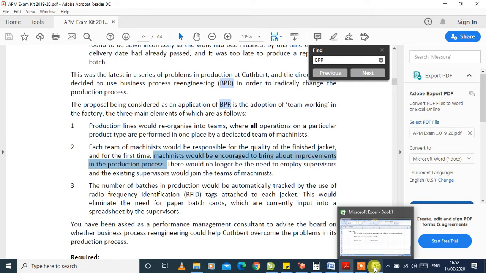So all this time in the traditional system, what this company has done, they did not allow the machinists to give their views or ideas. They were just given orders to do the work, and you just measure the volume, do more and more. That was a requirement. Now we are telling them, no, you also can tell us any improvement if it is possible. Maybe we will reward you, like Toyota does.